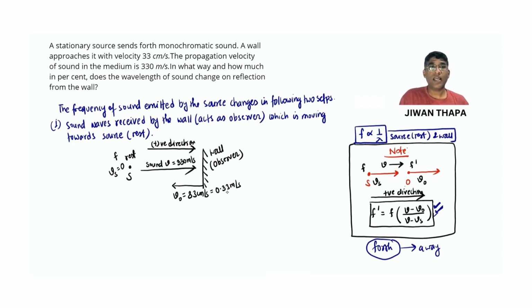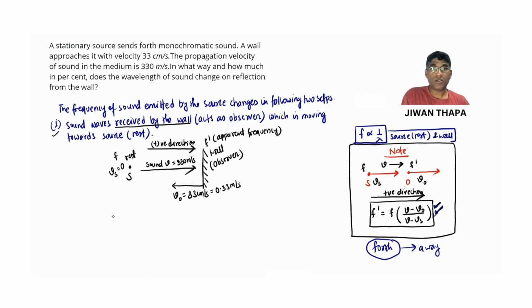Let the frequency of sound received by the wall or observer be f dash, and f dash is the apparent frequency.